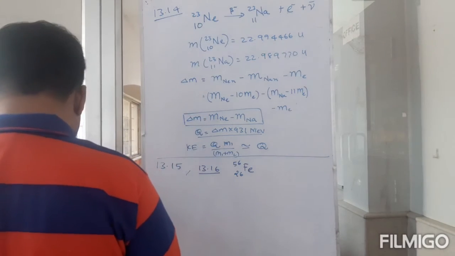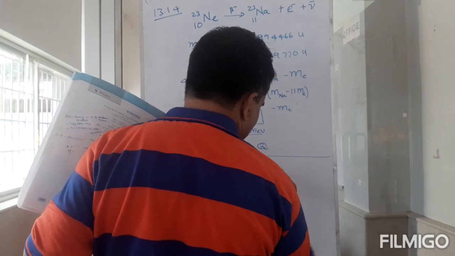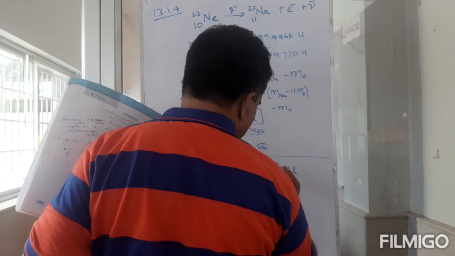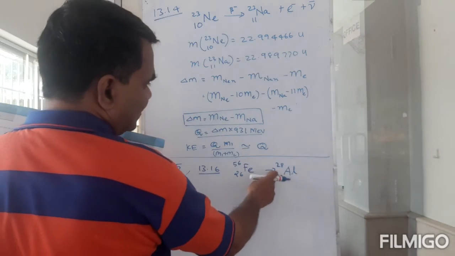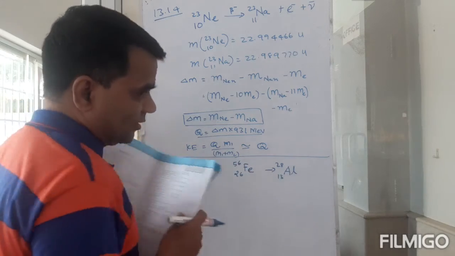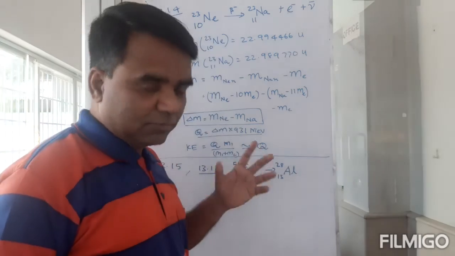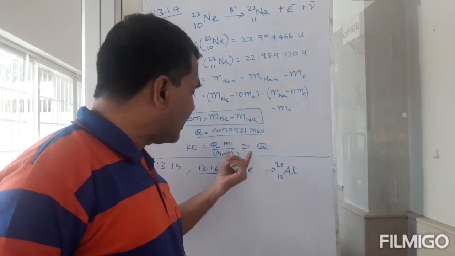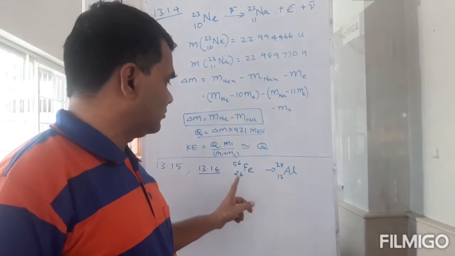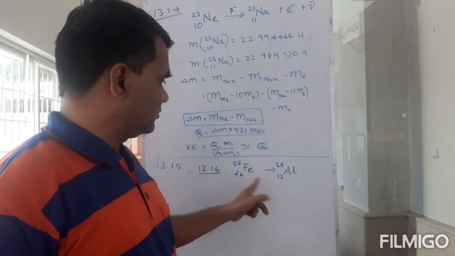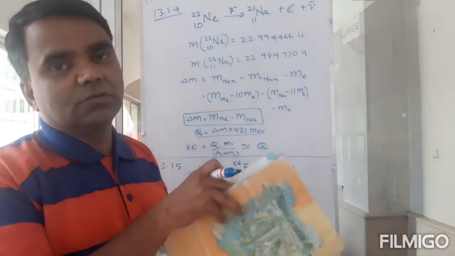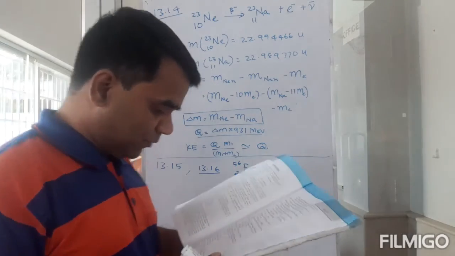They say that it is breaking into two aluminum nuclei, which have 13 and 28. So one iron nucleus becomes two aluminum nuclei. Is it possible? If you look at this, twice 13 will be 26 and twice 28 will be 56. It seems possible. Let's see if that is possible.